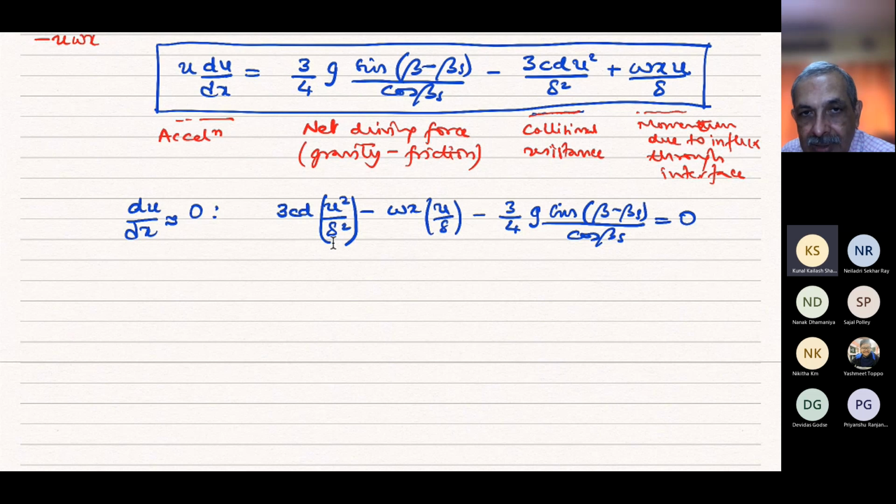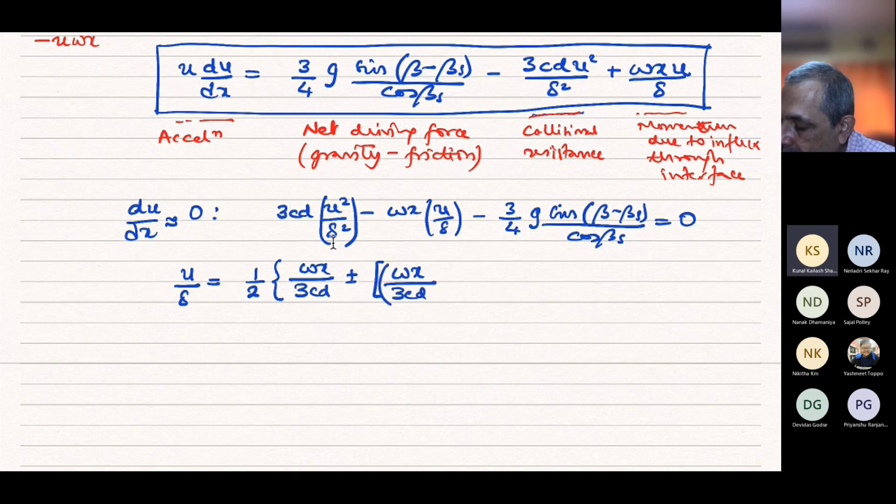If you solve it, you will get an expression for u divided by delta equal to half of omega x by 3 CD, plus or minus the square root of omega x divided by 3 CD whole squared plus g A divided by CD, this term in square brackets raised to the power of half. So this is just solving the quadratic equation.